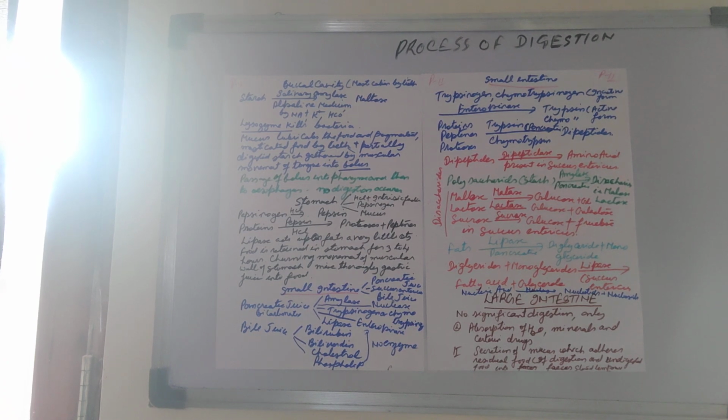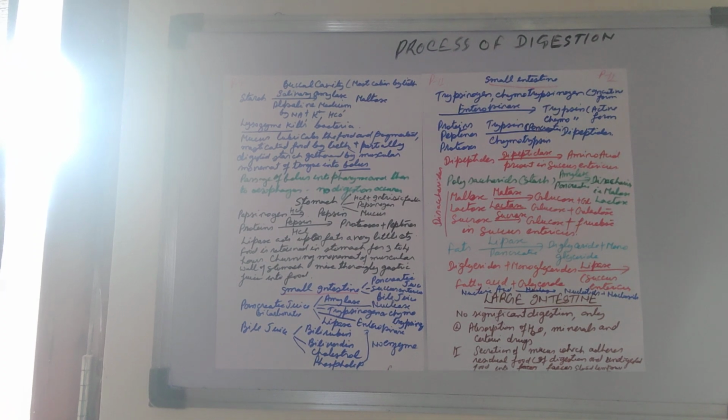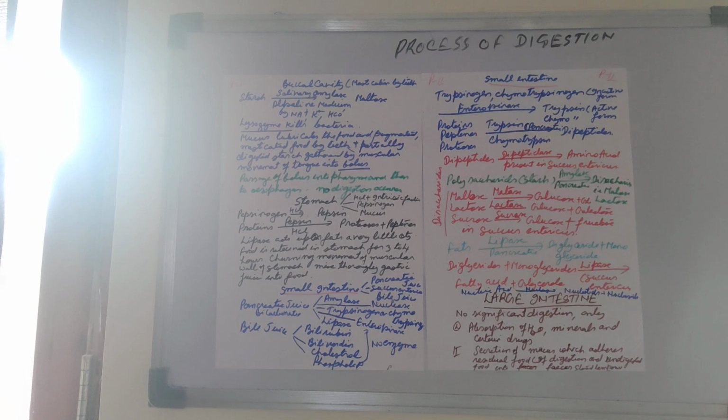Then what's the fate of these absorbed food products? The absorbed amino acids, monosaccharides, and fatty acids are taken to the tissues for further synthesis of macromolecules.